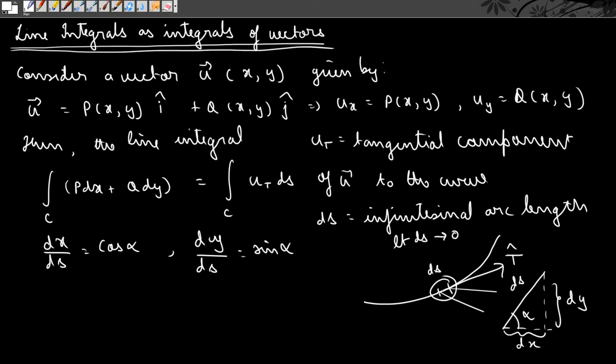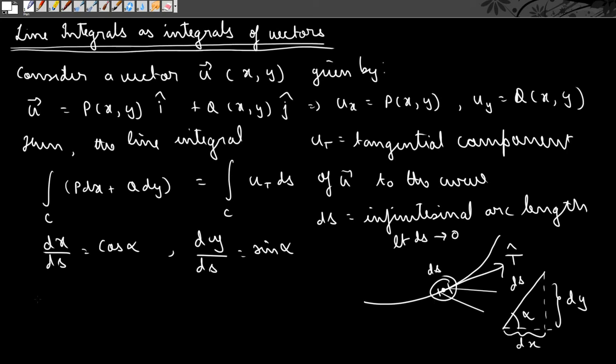This is going to be tangential to the curve at a point which lies inside the arc length element ds, and as the arc length element tends to 0, this is the same as saying that this tangential vector t hat is parallel to the tangent at the point which is inside ds. When we take the limit ds tends to 0, the point and ds coincide.